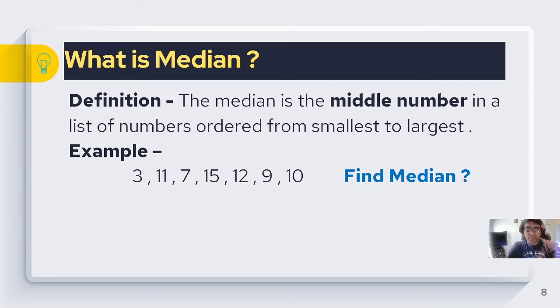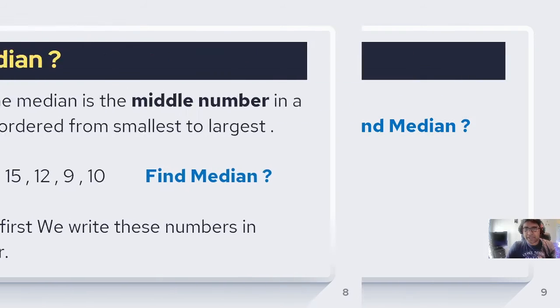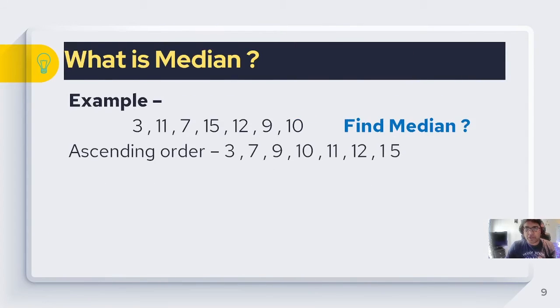No, because 3, 11 is going up and then 7 goes down and then 15 again goes up. So they are not in sorted order. So let's make them into sorted or ascending order. Now, as you can see, 3, 7, 9, 10, 11, 12, 15. Now these numbers seem to be in sorted order.